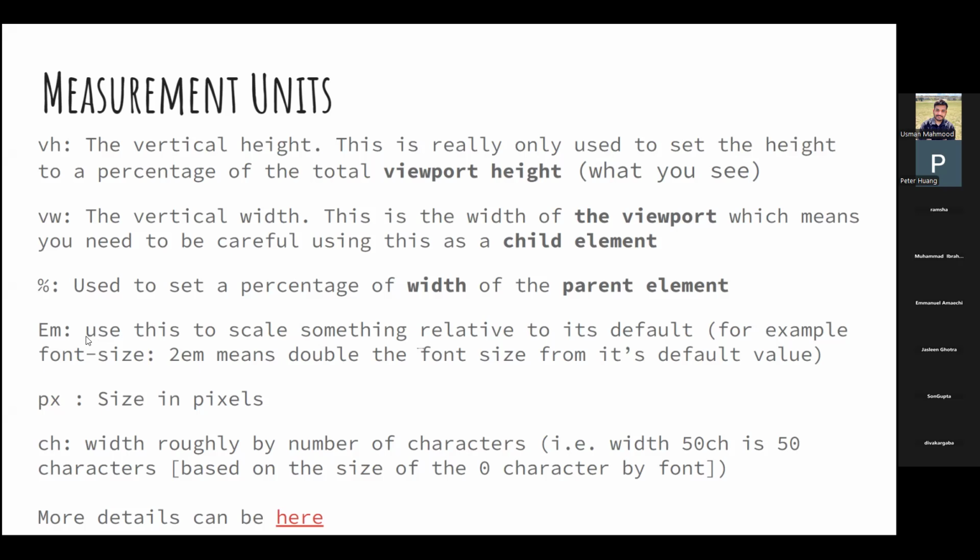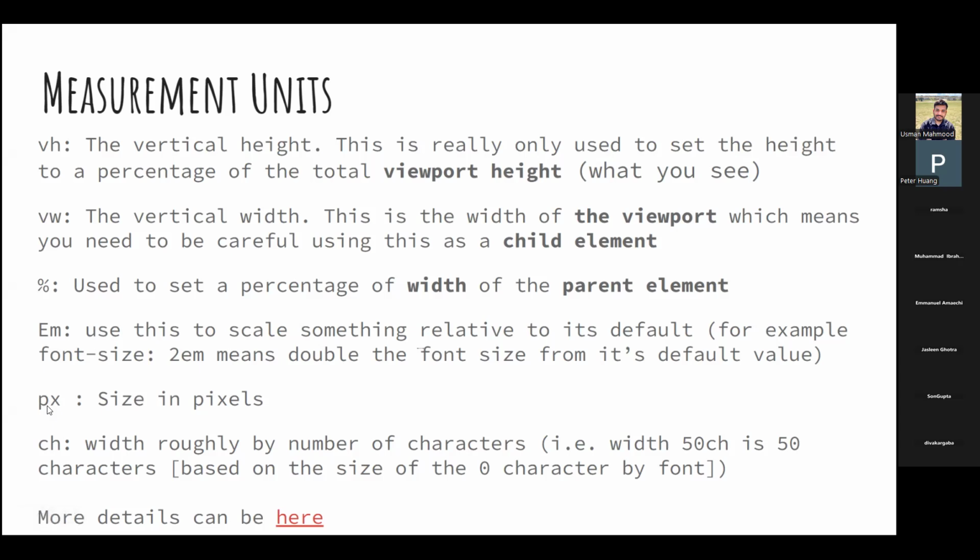EM is used to scale something relative to its default size. Suppose you have an image which has a default size, you use EM to scale it relative to that versus forcefully applying a scale. The common one that you will see is PX, which is just the size in pixels. This one is always hard coded, meaning it can't be modified and won't change in size.